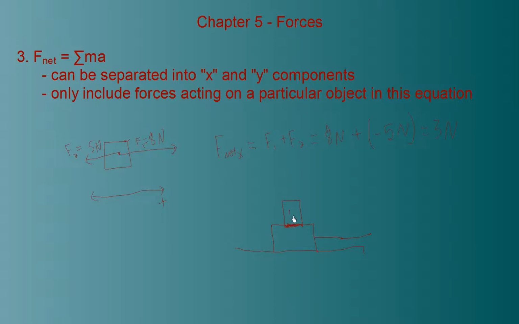So let's say this is object 1, and this is object 2. If we want F net on object 1, we've got gravity, Fg, pulling object 1 down. We've got, again, we don't need to know this really for this chapter, a normal force. We'll say minus Fn, because we'll call up negative, minus normal force.